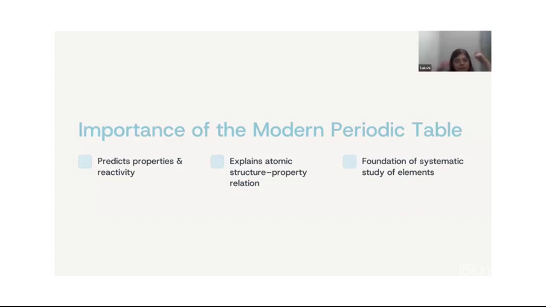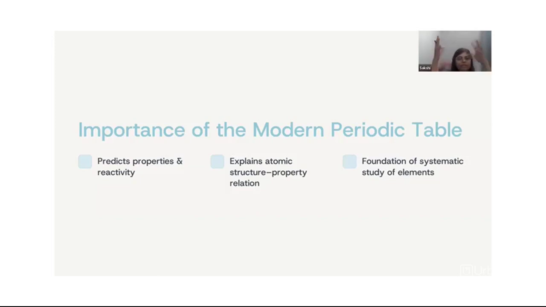Now let us study the importance of the modern periodic table. That is, you can predict the properties and the reactivity. Like even if I tell you that this element is in group 2, you can tell me it has 2 electrons in the outermost shell, right? So you can predict its property that, if it is in group 2, it would be a metal. So we can generalize the properties. Otherwise, there are so many elements and it would take so much time for us to study the property of each and every element.